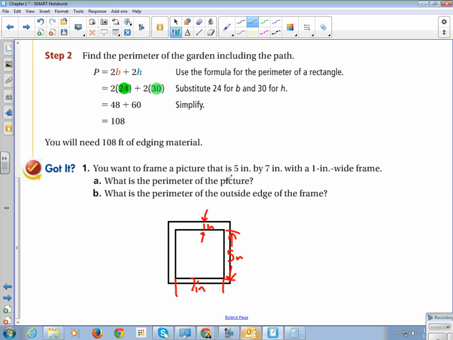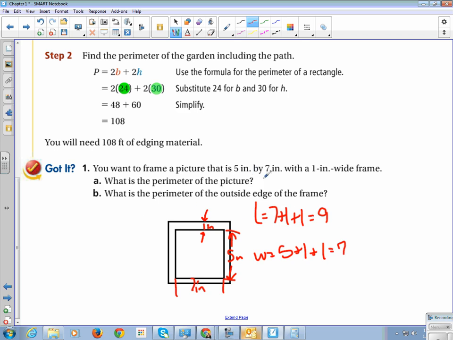Okay, what is the perimeter of the frame? So we're going to take each of our dimensions and add 1 inch plus 1 inch to them. So my length is going to be 7 plus 1 plus 1, so that's a total of 9, and our width is going to be 5 plus 1 plus 1, which is 7.